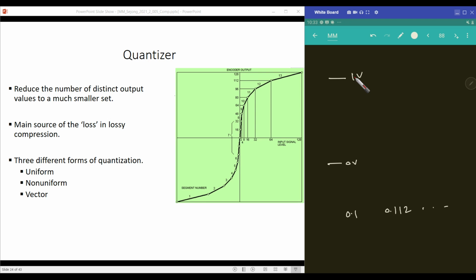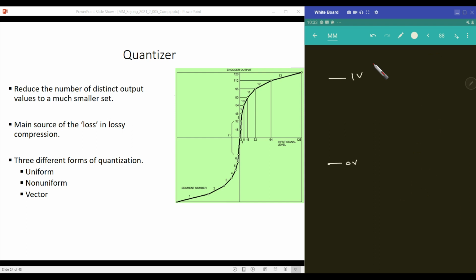So ideally there are infinite possible values from your information. But practically we can't keep track of all of these possibilities in a continuous manner. Even within 0 and 1, there are an infinite number of levels.